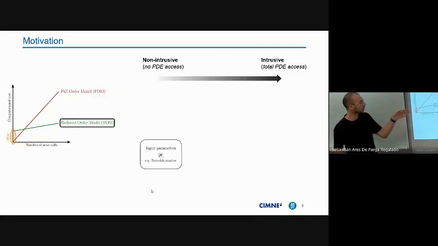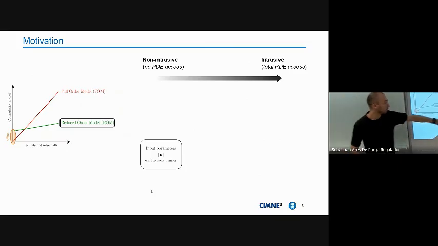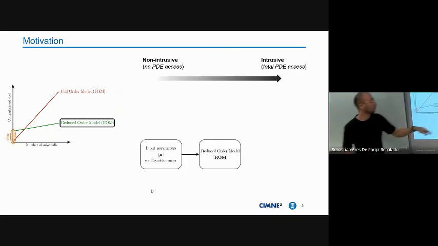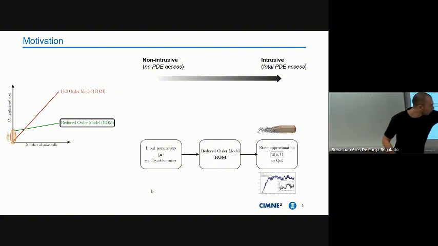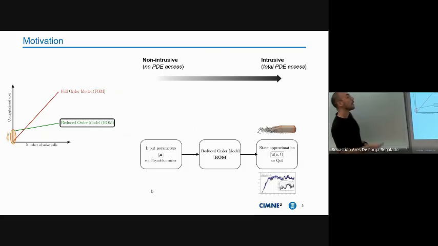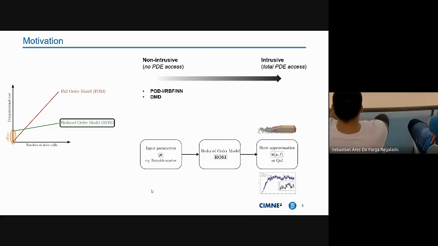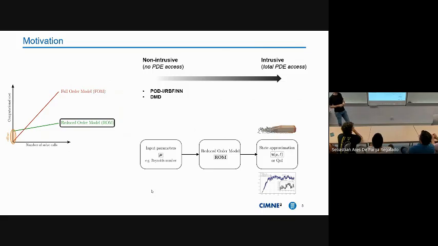The way these models work is that you input some parameters mu, such as the Reynolds number, you pass them to the reduced order model, and it gives you a state approximation or some quantity of interest. Some examples of non-intrusive reduced order models are the proper orthogonal decomposition, which we'll be talking about, plus some interpolation model, and also the dynamic mode decomposition.